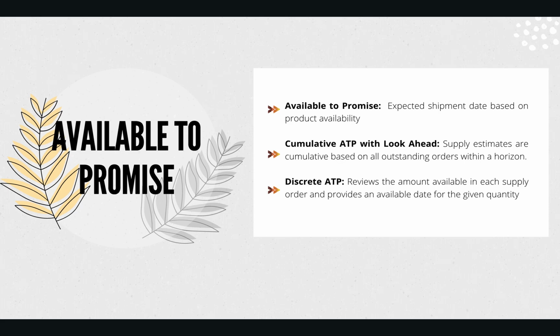And the second one is called discrete ATP. The discrete ATP method reviews the amount available in each supply order and provides an available date for the given quantity. These supply calculations are based on future dated non-posting transactions like purchase orders, sales orders, and work orders.